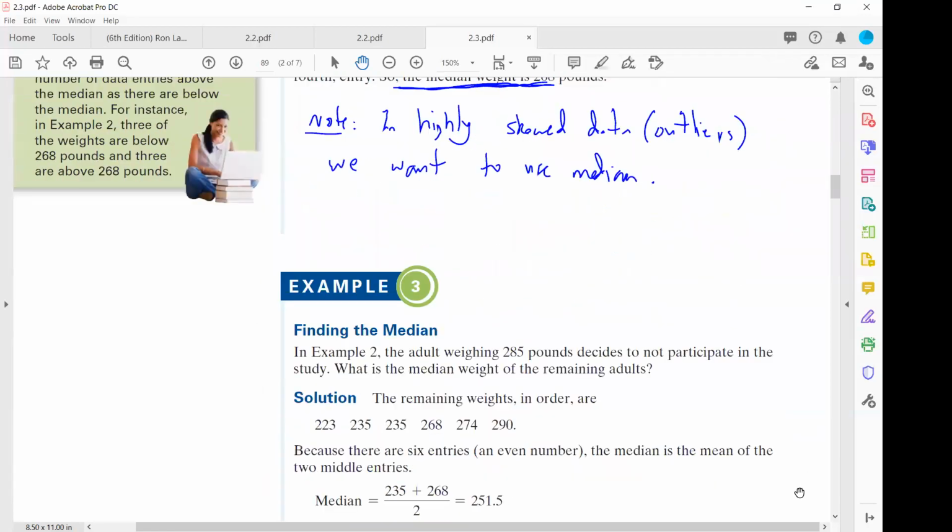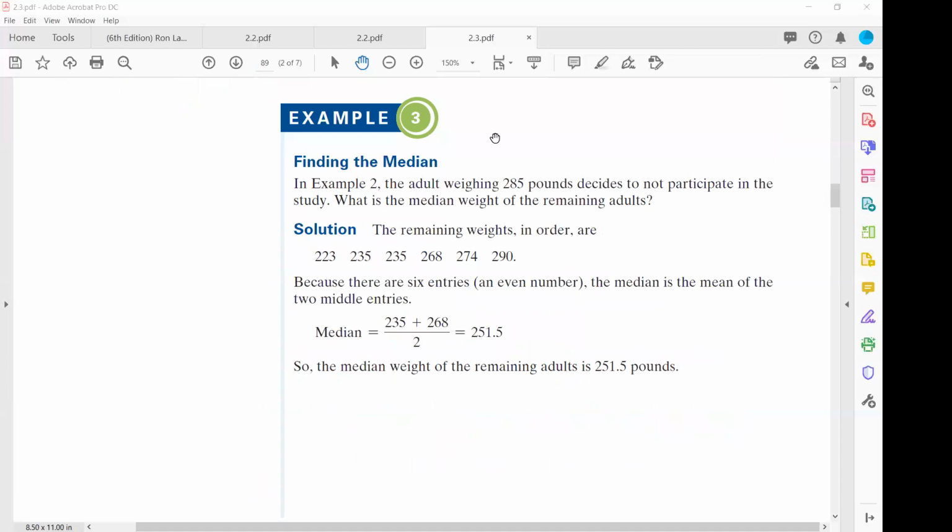Take a look at this. Here in example 3, instead of having 7 data entries, you have 1, 2, 3, 4, 5, and 6. So how do I find the middle number here? What is the middle number? If I count 3 here, 3 here, there is nothing left here.